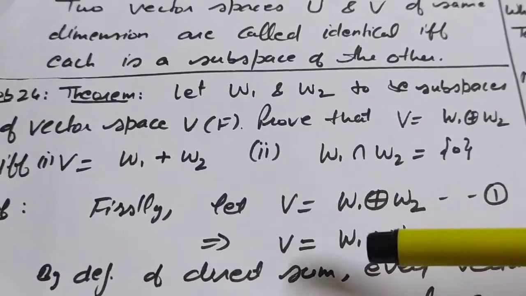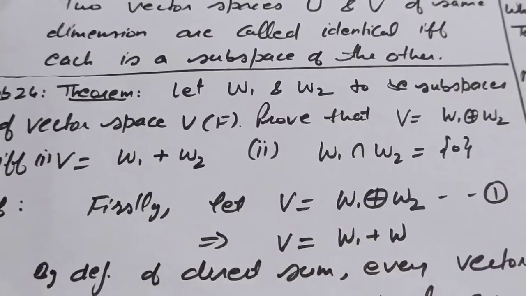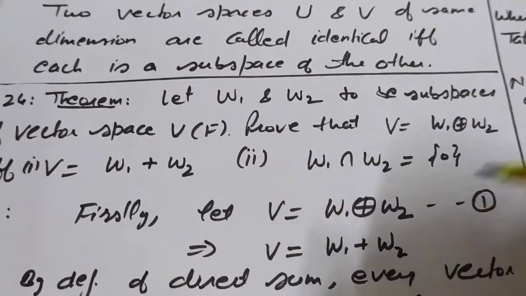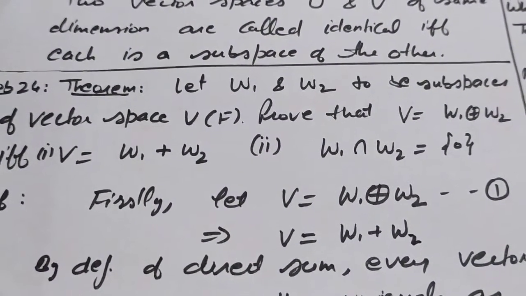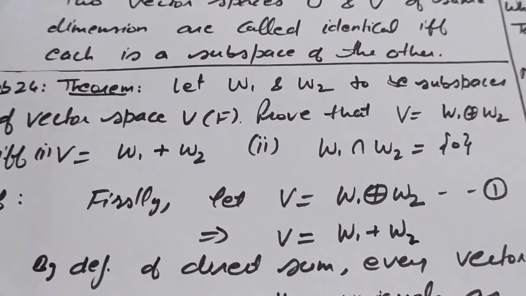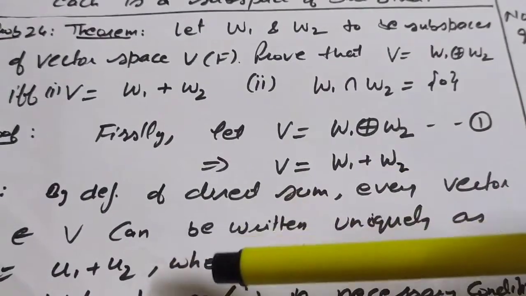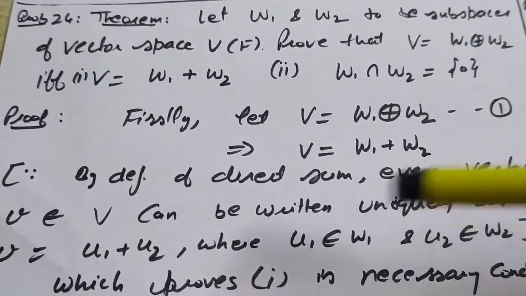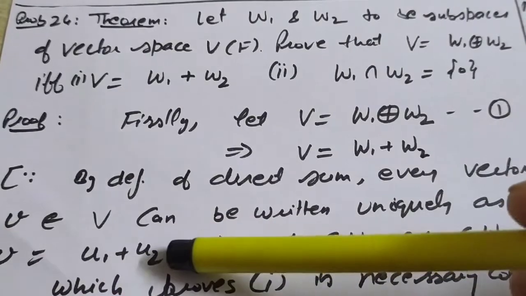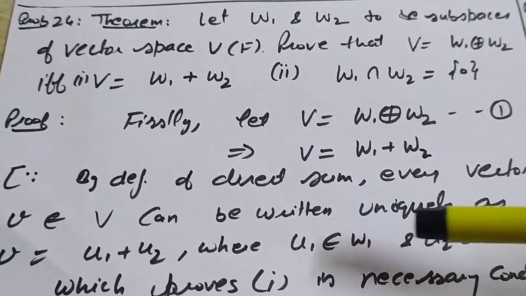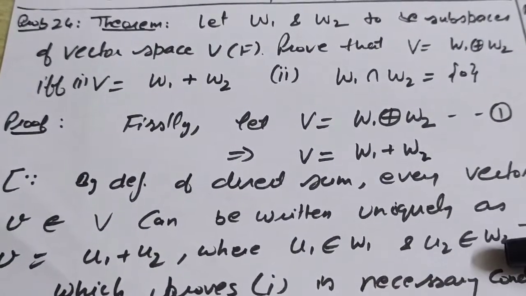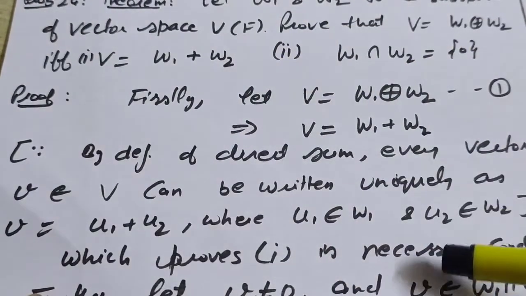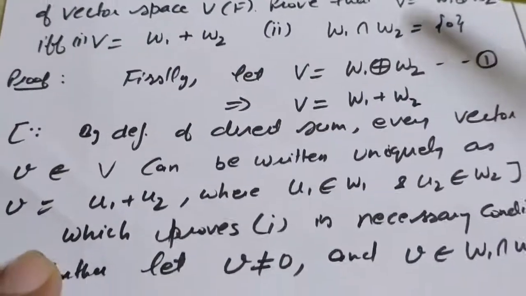This implies V can be written as W1 plus W2. Because by the definition of direct sum, every vector of V can be written uniquely as the sum of two vectors u1 and u2, where u1 belongs to W1 and u2 belongs to W2, which proves the first condition. And this is a necessary condition also.